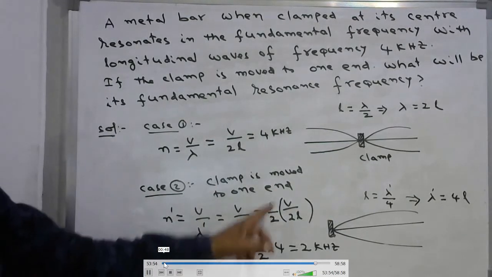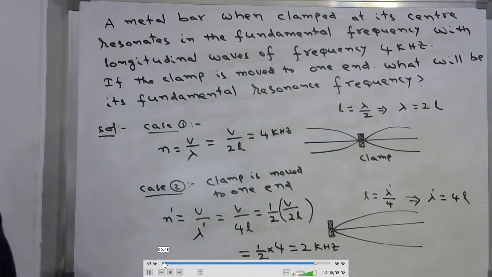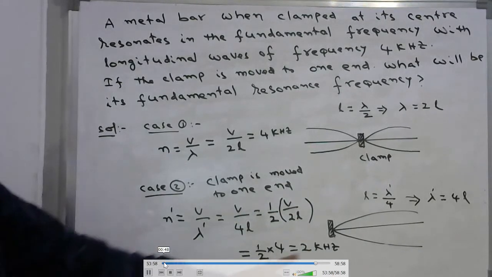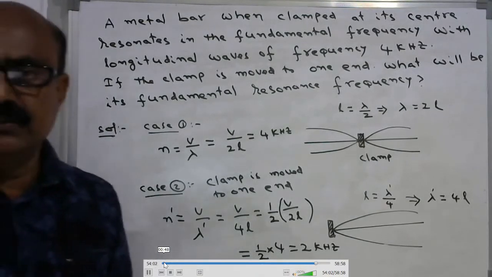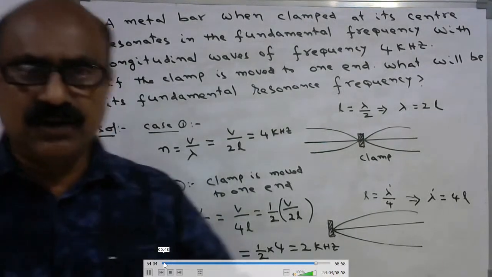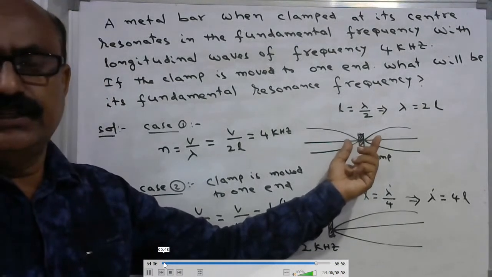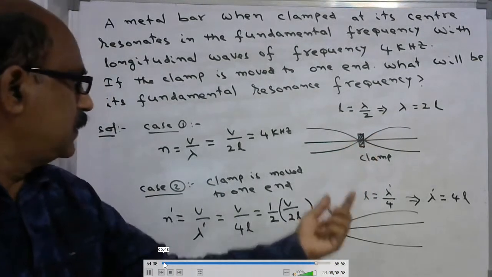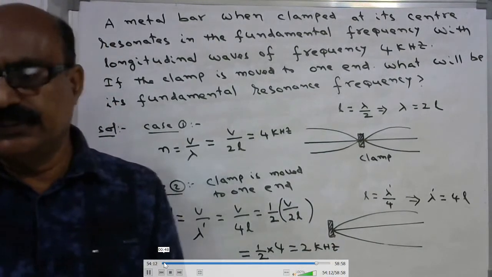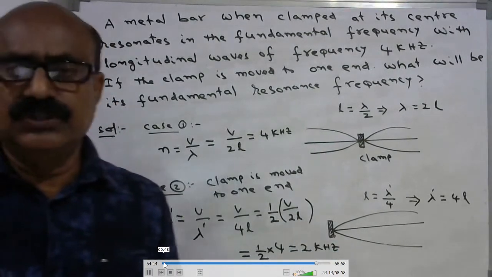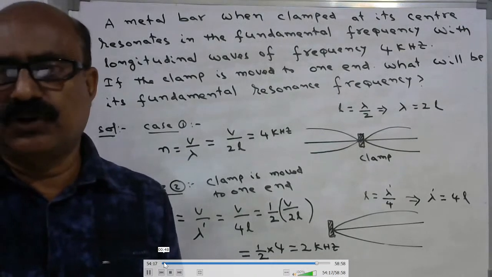But we can write this as half of V by 2L. Therefore, this becomes 2 kHz. So the frequency is reduced to half by shifting the clamp to the other end. This is the way in which we can solve this type of problem.